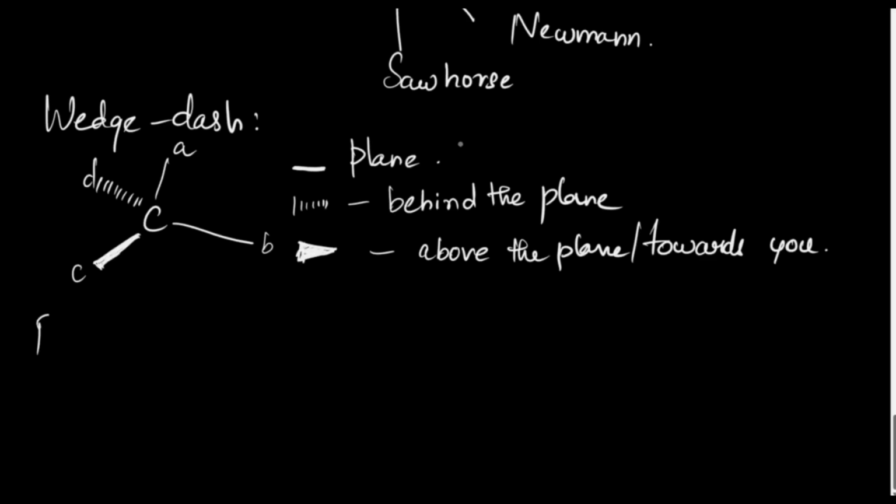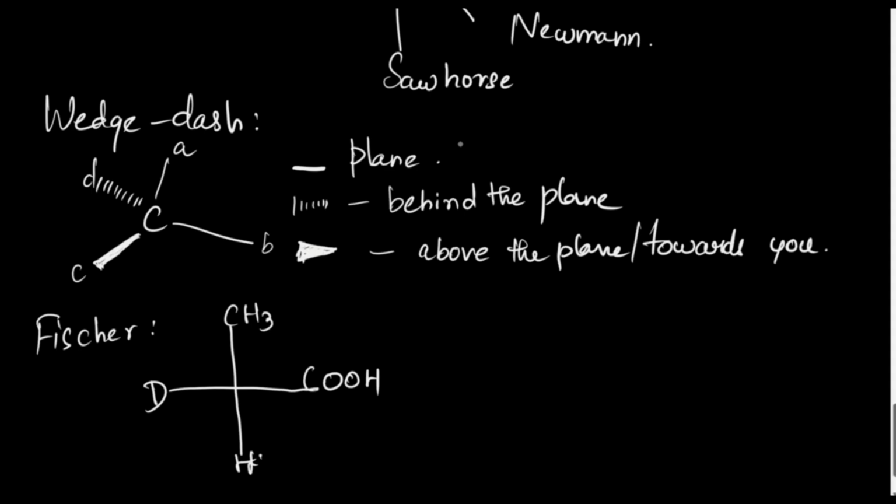Talking about the next projection, that is Fischer. Fischer projection is writing as a cross. For example, we saw that in RS notation as well, like this. Here how we can find out whether that is above the plane or behind the plane. So which can be denoted like this.